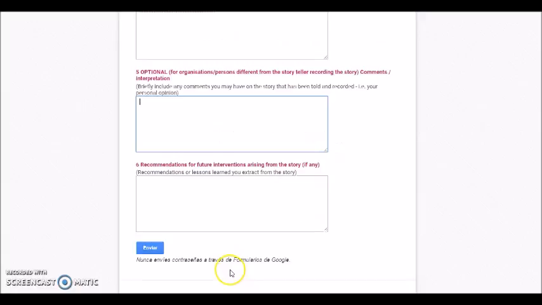And then here another section that you have is optional for organizations, persons different from the storyteller recording the story: comments or interpretation on the story she has told us.